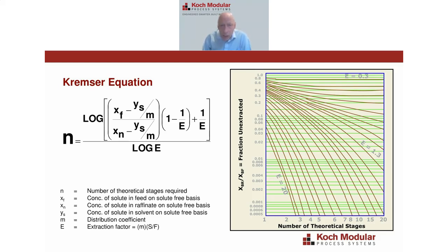However, if your extraction factor gets lower than 1.3, you can see these curves are starting to asymptote out, and you really can't get to high levels of extraction for many processes with an extraction factor less than 1.3.